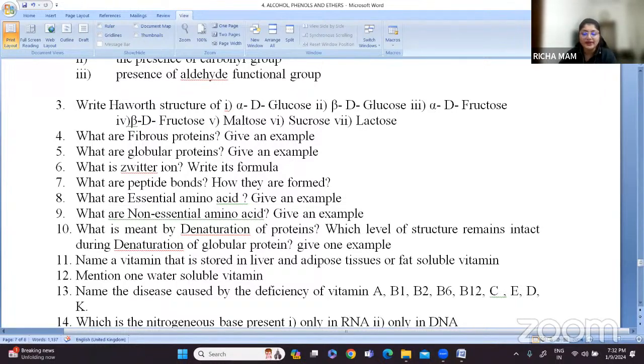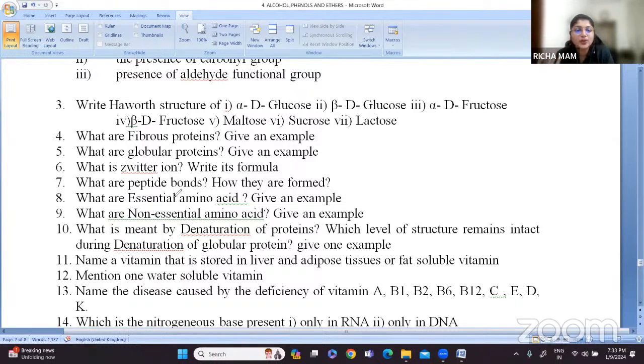So the process by which proteins lose their biological activity, when they are subjected to change in temperature or change in pH, is called denaturation of proteins.